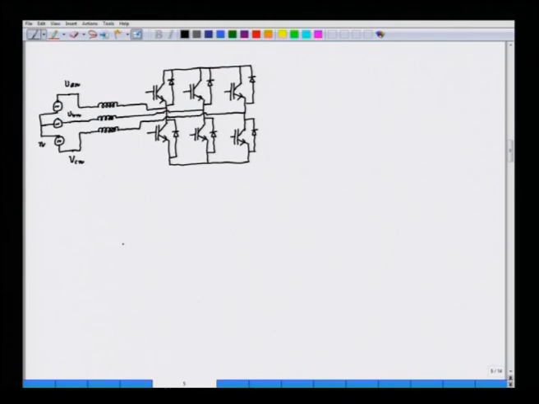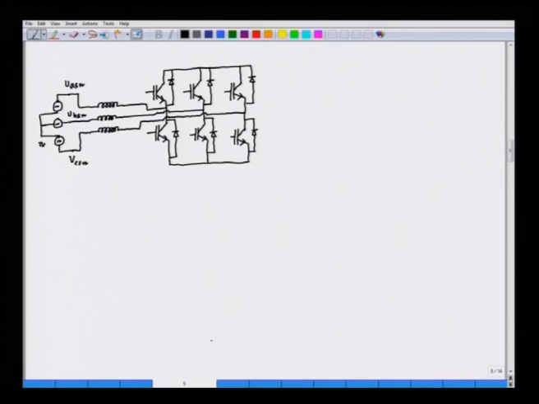Or more precisely, we can call it as V ASN, V BSN and V CSN. So, this is the source voltage. So, we can call it to be V ASN, BSN and CSN. A, B, C are the various phases, S is the source and N is the neutral.